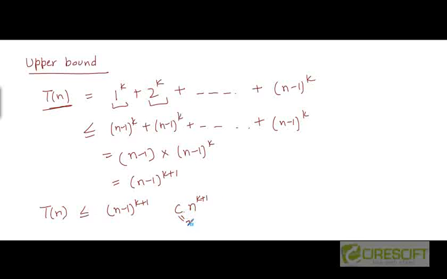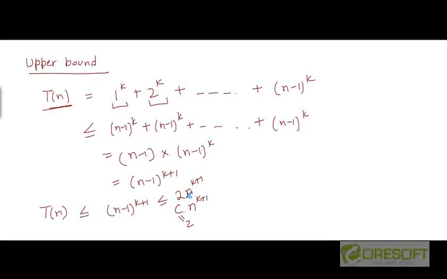In particular, if we choose this constant to be 2, then we can show that this function is going to be less than or equal to 2 times n to the power k plus 1. And I leave the details to you as an exercise. You can just open this up and take the dominant term on the right hand side. So the dominant term here is n to the power k plus 1.